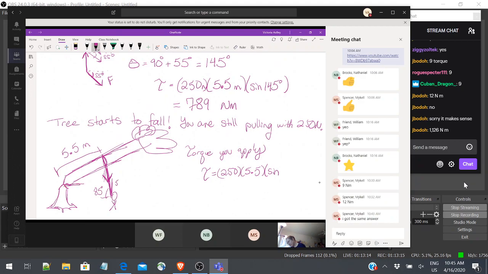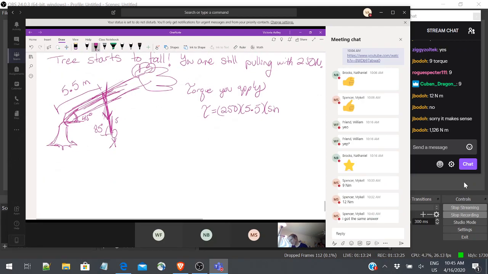Let's say the tree has now fallen to a 45-degree angle. That's what I was missing. Okay. So this would be 45 degrees right there. This would be 5 degrees.